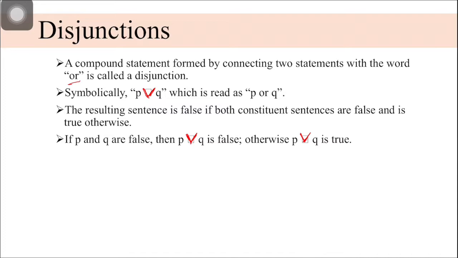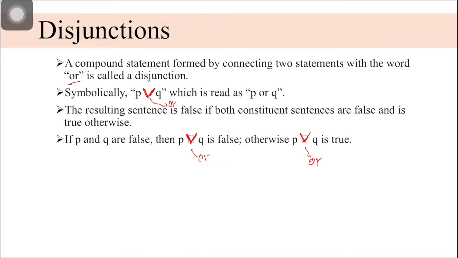Symbolically, P or Q, which is read as P or Q. So this is the symbol for or. So when we have two sentences or statements connected with the word or, we call that a disjunction.